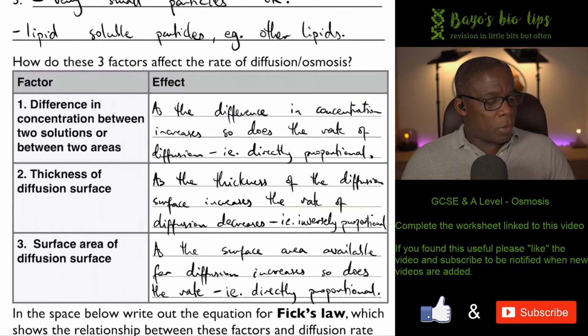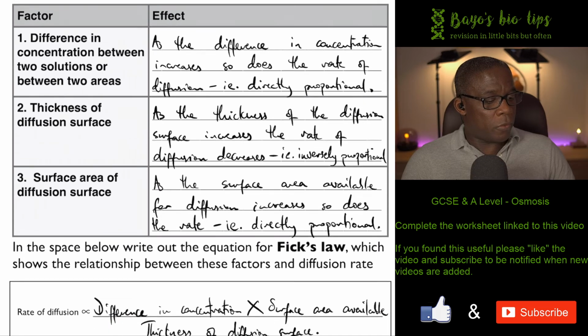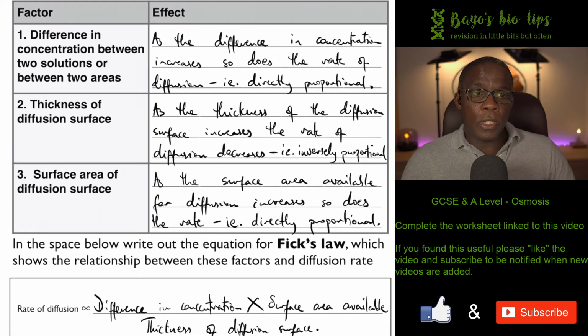And then we talked about different factors that can affect the rate of diffusion. So things like the difference between the concentration on both sides of a membrane, for instance, or between two different solutions. The thickness of the diffusion surface, basically how far the molecules have to travel.